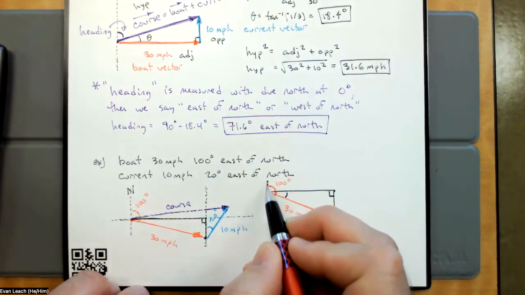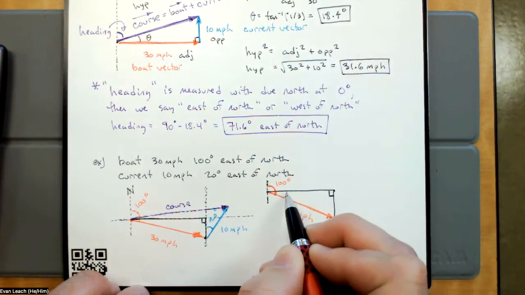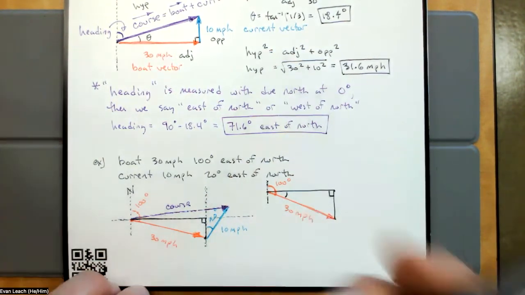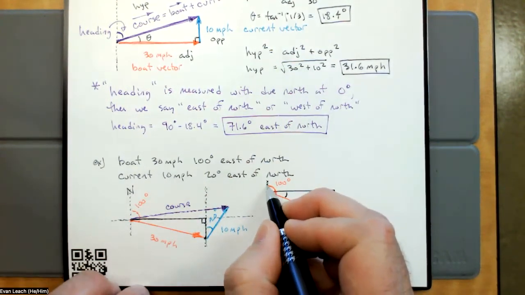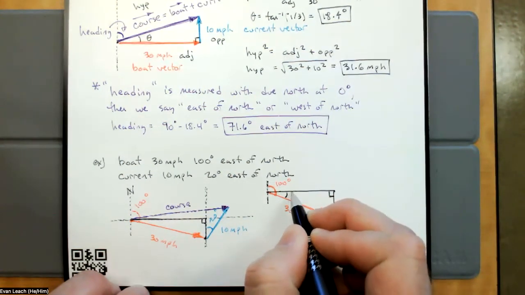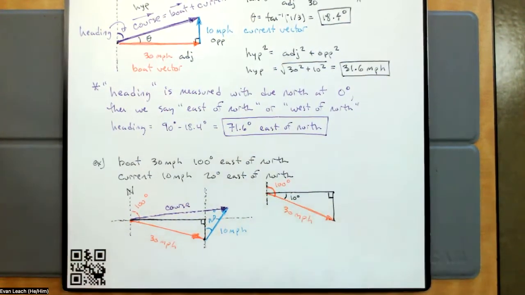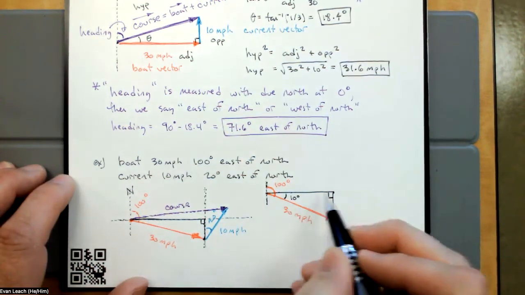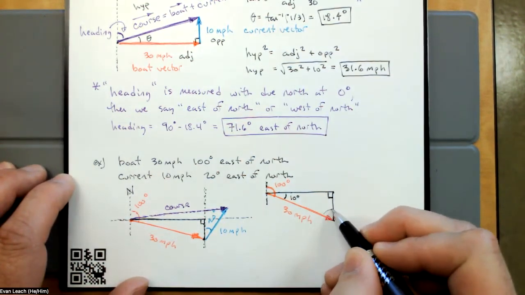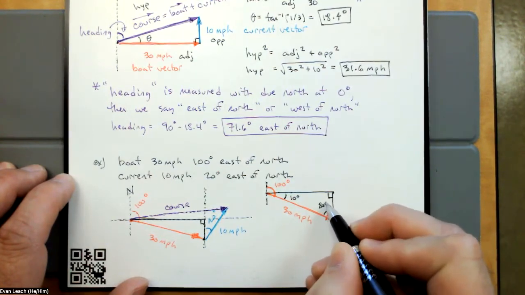It's 90 degrees between due north and due east. So what's this little piece? It's 90 degrees from north to east, and we've gone to 100 degrees. That means this angle here is 10 more degrees. If that angle in there is 10 degrees, then in this right triangle, we can figure out this angle is 80 degrees.